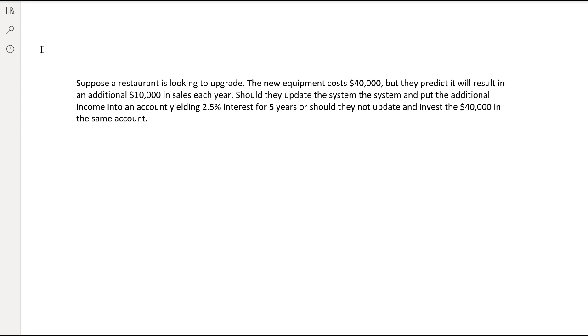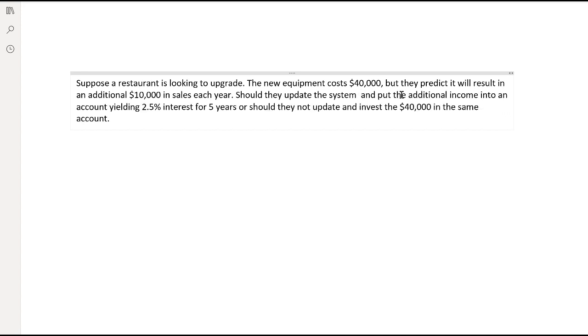The question becomes, should they update the system and put the additional income into an account yielding 2.5% interest for 5 years, or should they not update and just take that $40,000 and invest that? So the question becomes, should I buy this equipment today for $40,000 based off of how much money it's going to give me in the future, or should I not? This actually becomes a present value question.